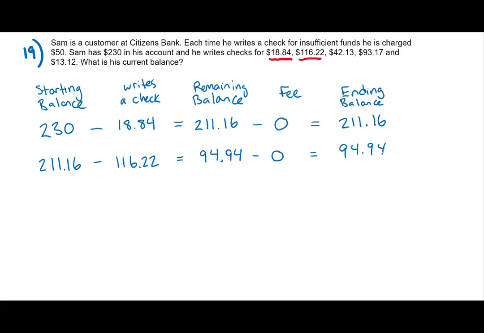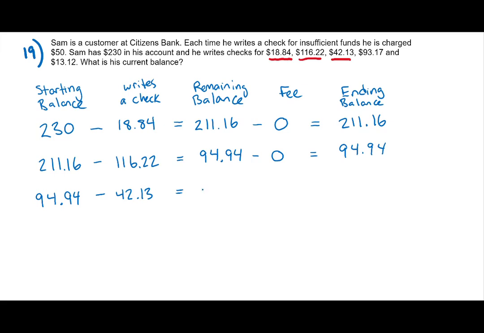Okay, so check number 3. So now let's do the $42.13. So he's got $94.94 in his account. He writes a check for $42.13. So we're going to subtract that $42.13 off of his balance. And again, pop this into a calculator.